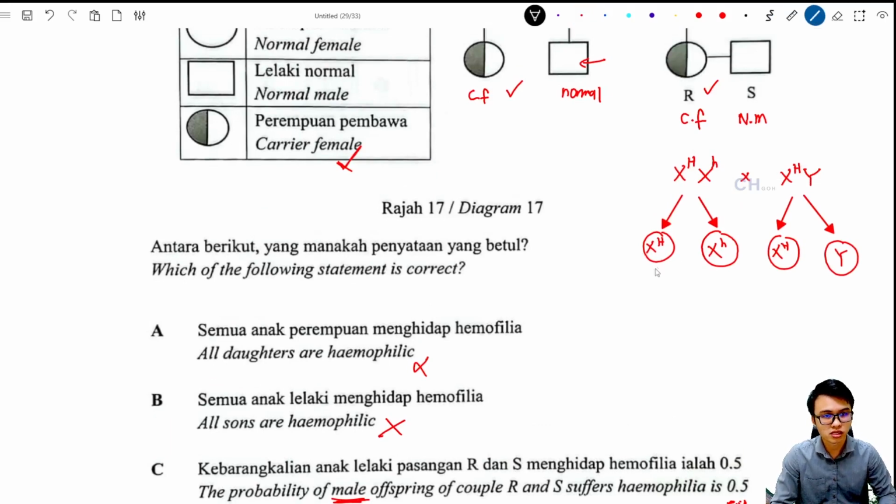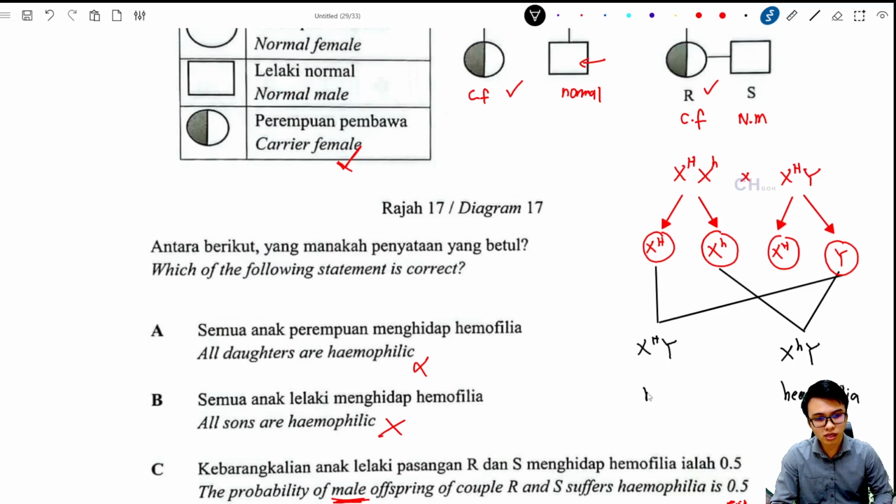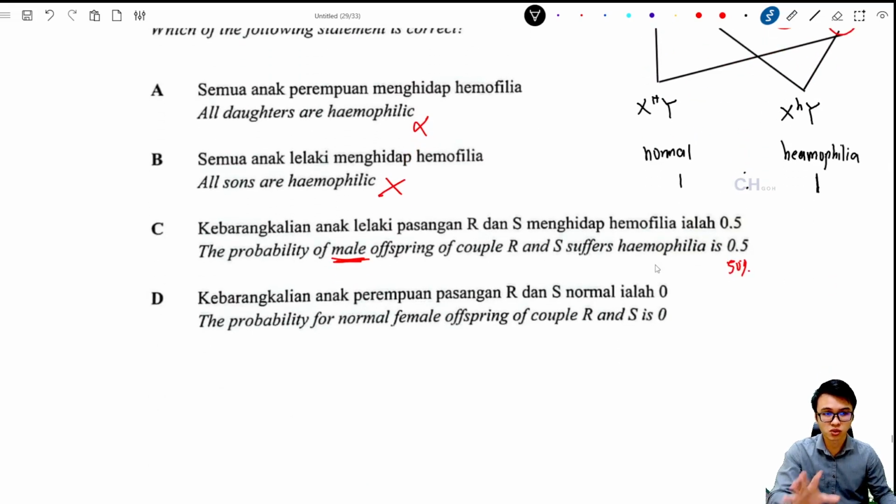You cross this one with this one, you get X, H, Y. Then you cross this one and this one, you get X, small h, Y. So this guy has hemophilia. This one is normal because it has a big H dominant here. The ratio is 1 to 1, which is 50% of the males will get hemophilia. The answer here should be C.